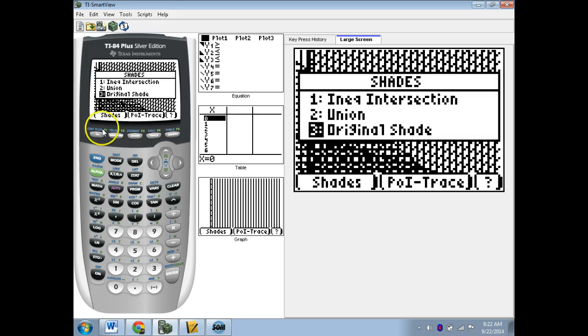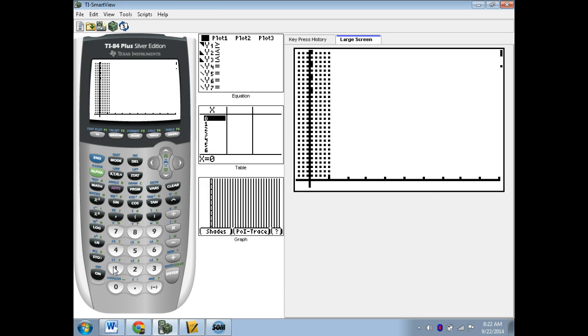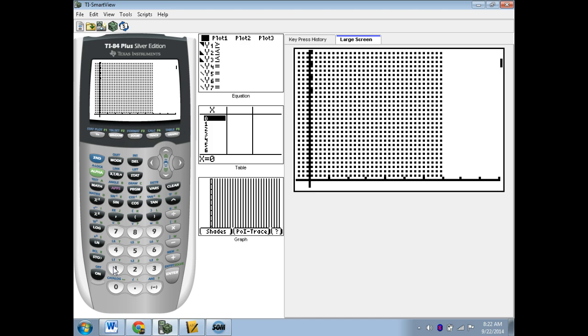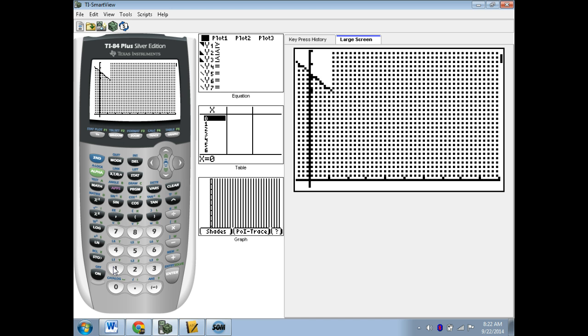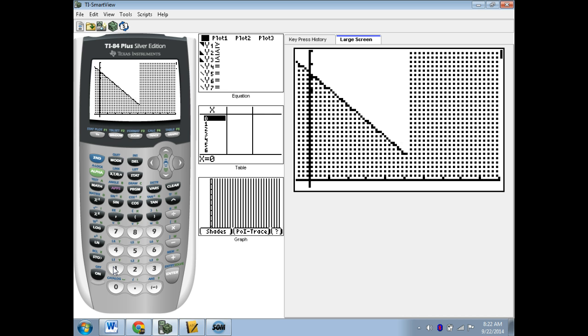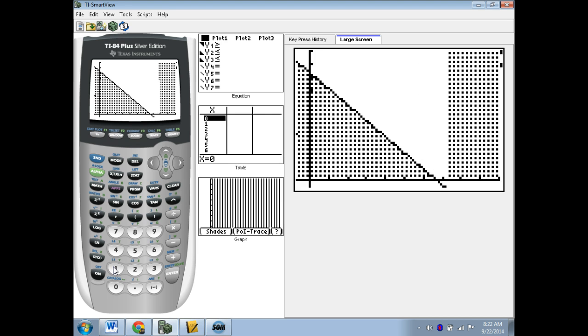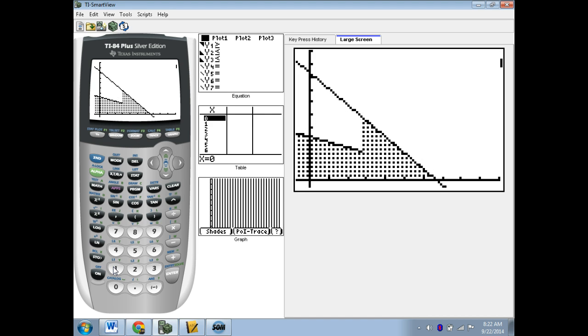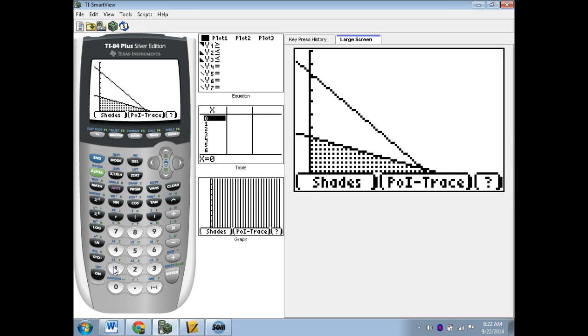And then this one comes up, and we want to graph the intersection of that inequality. So we can just hit the number 1. So now it's going to take away those that aren't in the intersection of these constraints. And that is the point.